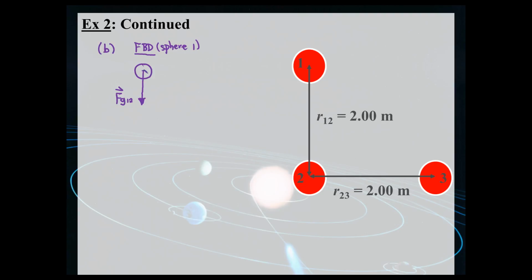It wants to attract towards 3, albeit at an angle this time. And it'll be a force with a smaller magnitude. We'll call that FG 1, 3. My bad. Let's erase that.